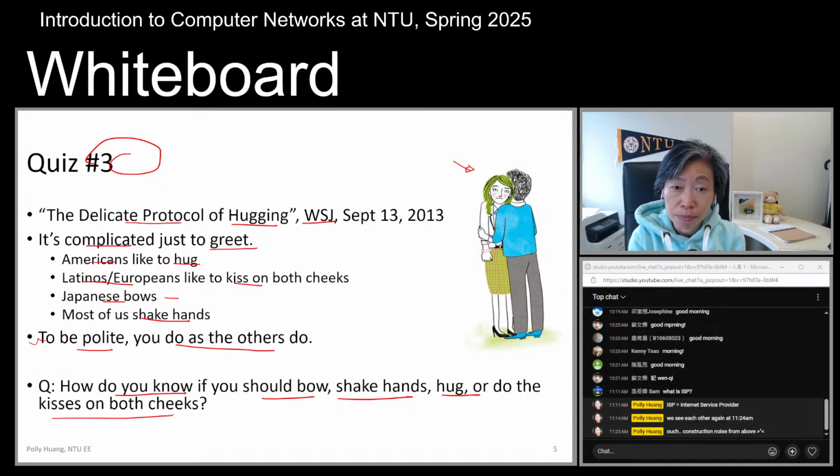Once you have the team, starting from quiz number 3, make sure that when you post your solution, you write your team number or list the team members. If you don't know the team number yet, list all the team members and your solution. Okay, so you guys have 10 minutes and let's start counting.